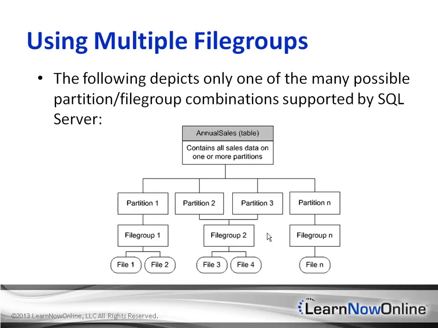Again, this is still logical at this point. And those logical file groups are then mapped to physical OS files. And in the case here, we're just representing that file group 1 and file group 2 might map to multiple physical OS files, where file group n is mapped in a one-to-one relationship. Again, just an example, but something for you to use as a guide.